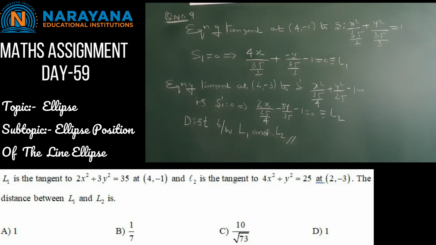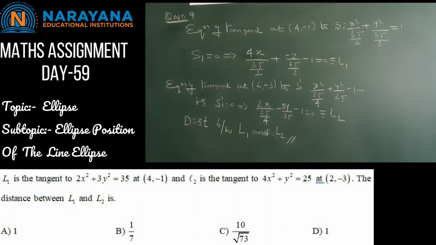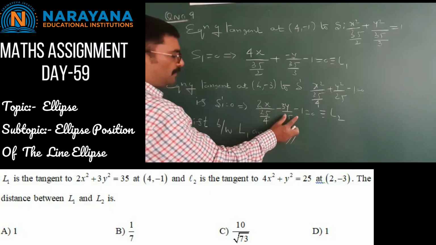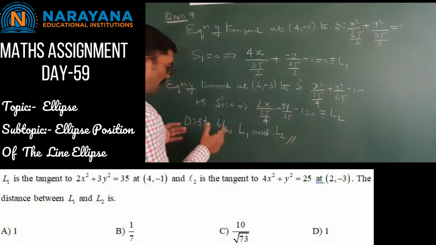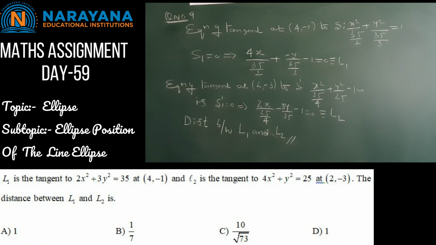He has given another ellipse. Now the equation of tangent is given by S1 dash is equal to 0, given by x x1 by a square plus y y1 by b square minus 1, called L2. Now apply the distance between L1 and L2. That gives the required answer.